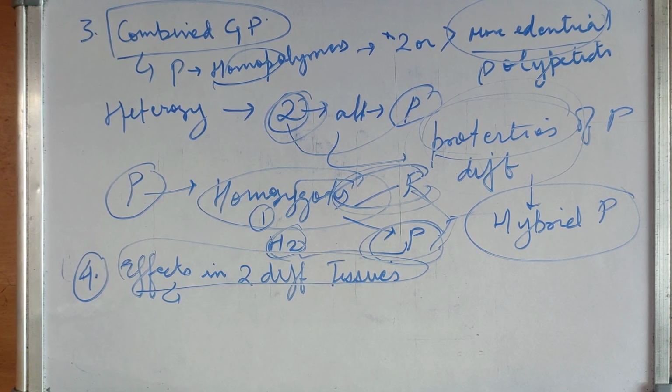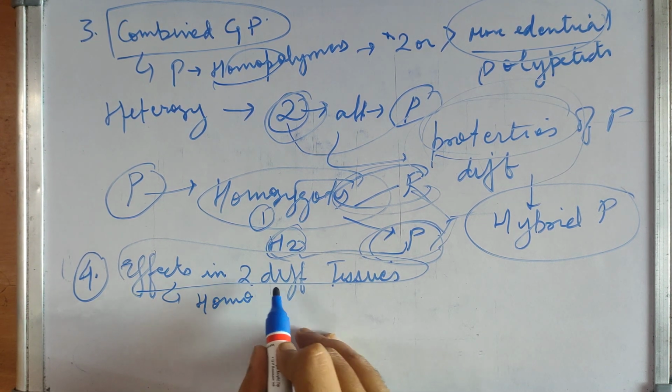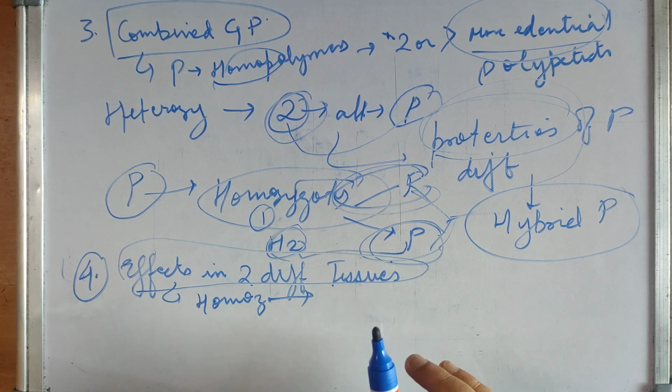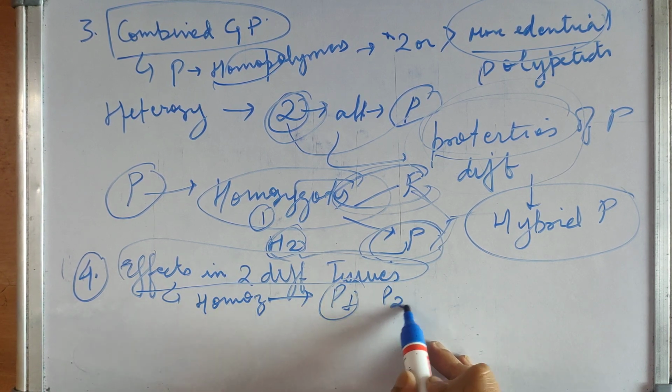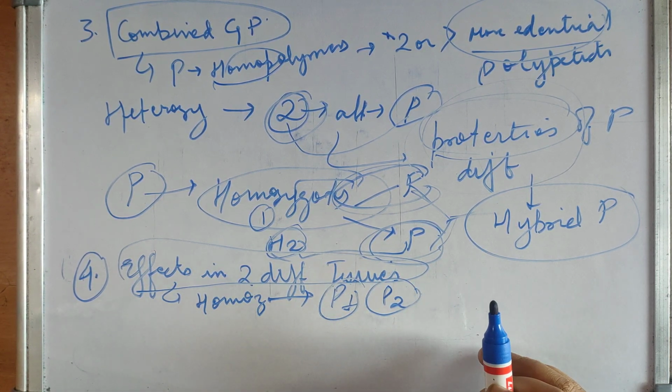The two alleles in the homozygous state may produce a high level of enzyme in two different tissues. Suppose there are two proteins, P1 and P2.